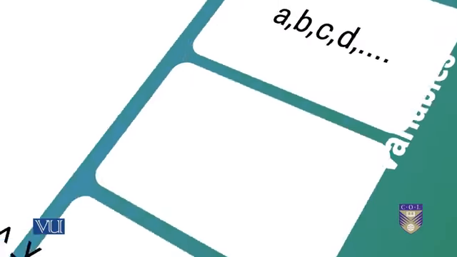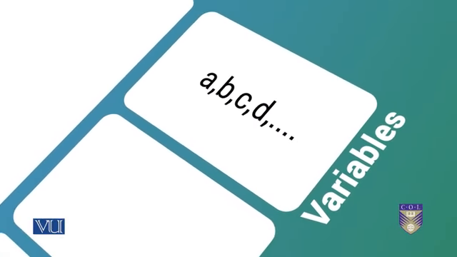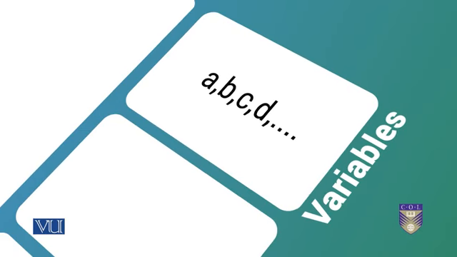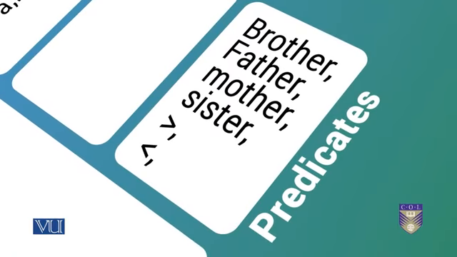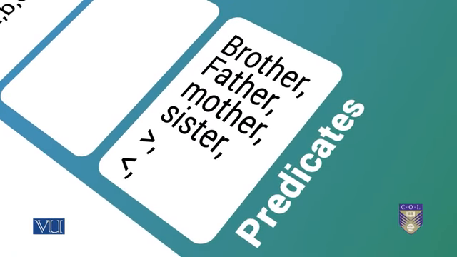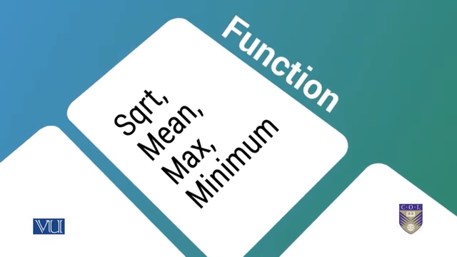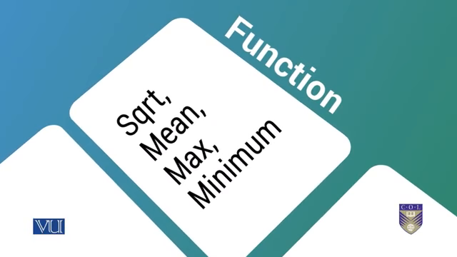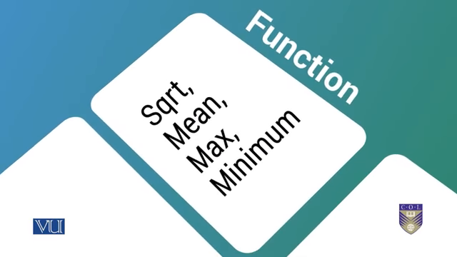Then we have provision for defining variables, small letters, a, b, c, d, e, f, and so forth. We have the provision of defining predicates, right? Like brother, father, mother, sister, greater than, less than. And then we have functions also, square root, mean, max, minimum, and so forth.